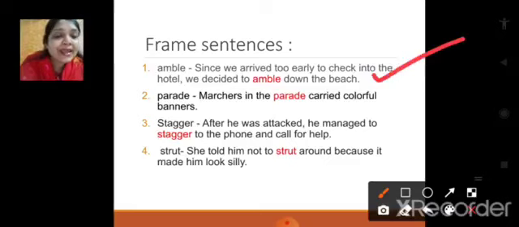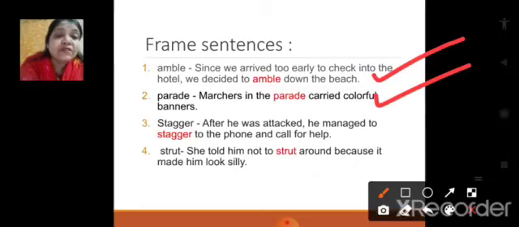Okay, next one, parade. Now what do you mean by parade? It means march in procession. We can say marchers in the parade carried colorful banners. Right? Now next, stagger. Now what do you mean by stagger? According to the dictionary, it means walk with difficulty. Right?